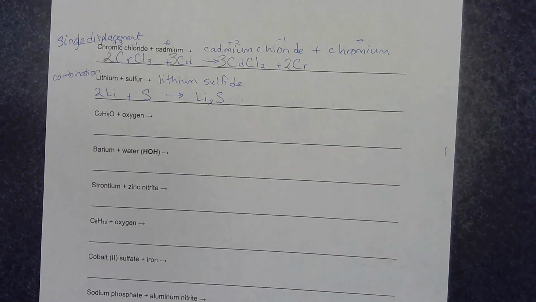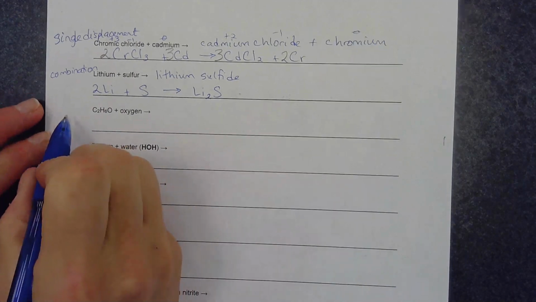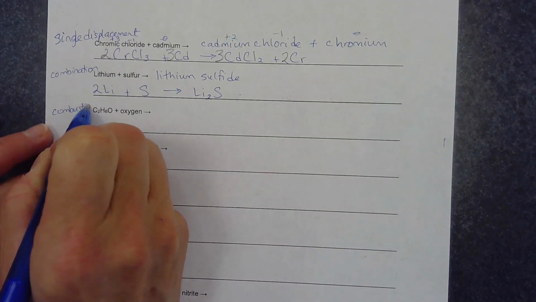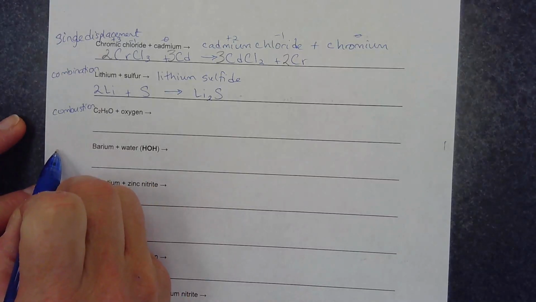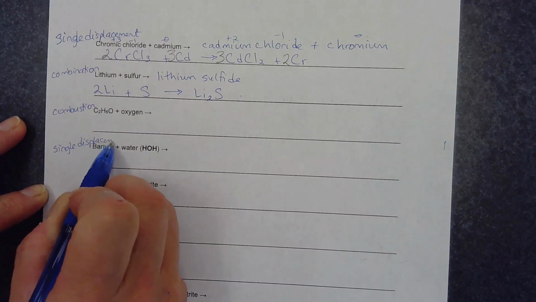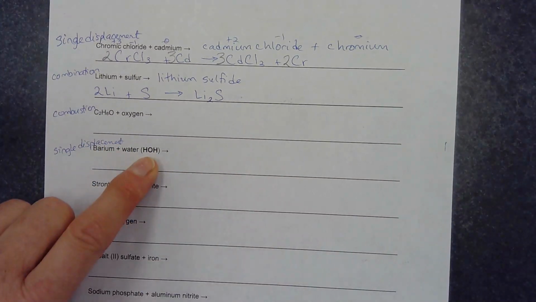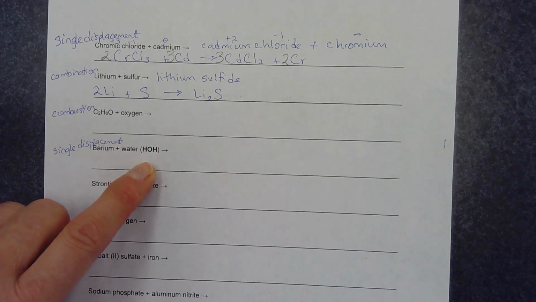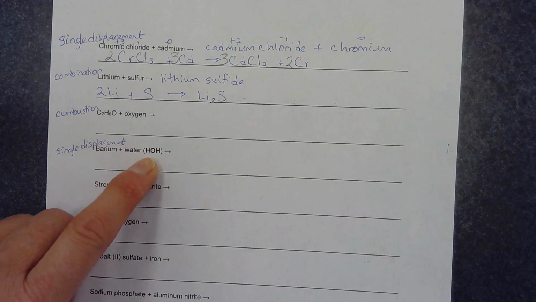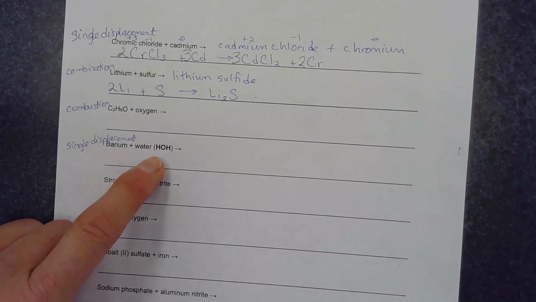Now, since you've already marked what type these are, let's go ahead and you tell me what you got these marked as. What kind is this? Combustion. Good job. Here, it's single displacement, and I purposefully tried to tell you that by writing water as HOH. Because by writing it as HOH, I'm trying to say to you this is barium replaces who?